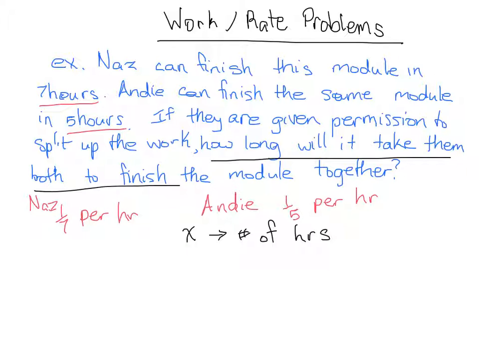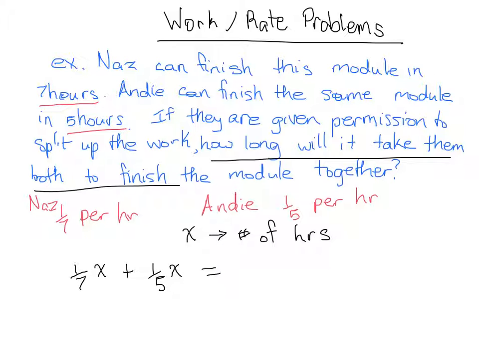That means that 1/7 of x, or 1/7 times x, is the portion of the module that Naz will be doing. And we're going to add it to the portion of the module that Andy will be doing, so 1/5 of x.